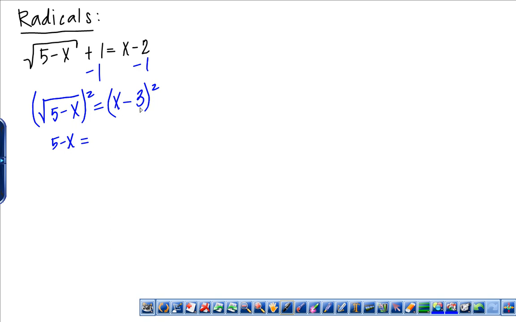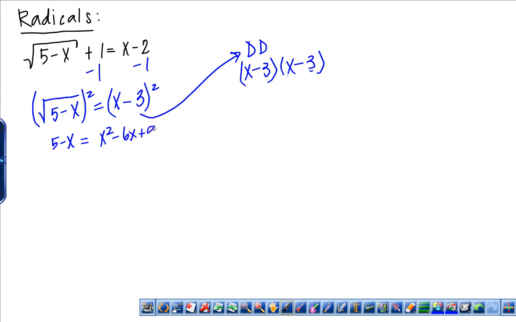Now this one right here, remember this square means to double distribute. So I'm going to say x minus 3, and double distribute. Okay? So this is going to be x squared minus 6x, and this is going to be plus 9. Since I have a quadratic, how about we move everything to one side?